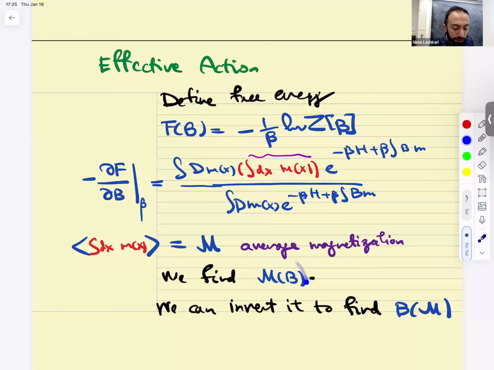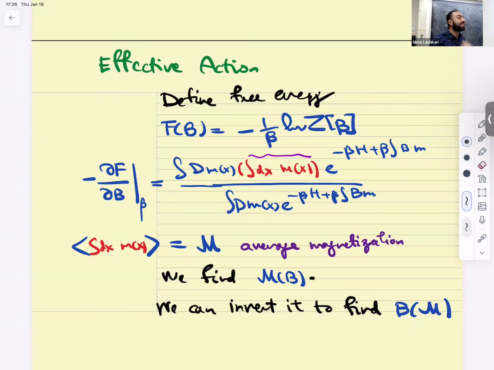Because we wanted to calculate M of B, the magnetization, as a function of the external field. I have this material, and I'm going to apply some huge magnets, some magnetic field, to it, and I want to know what the response of my material is. What's the average magnetization I get due to the external field that I apply? All right. Is this part clear?